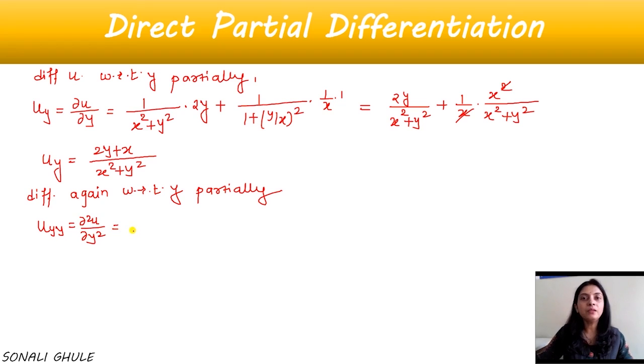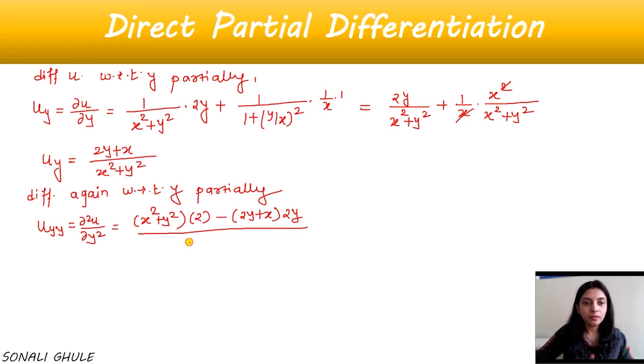So you have to remember the notations. Okay. So again, y is present in the numerator and in the denominator also. So again I have to use the u by v rule. Right. So using your u by v rule, first of all your denominator is constant. So x square plus y square is constant. The derivative of the numerator with respect to y is 2 minus. Now this time your numerator is constant and the derivative of the denominator with respect to y is 2y. Right?